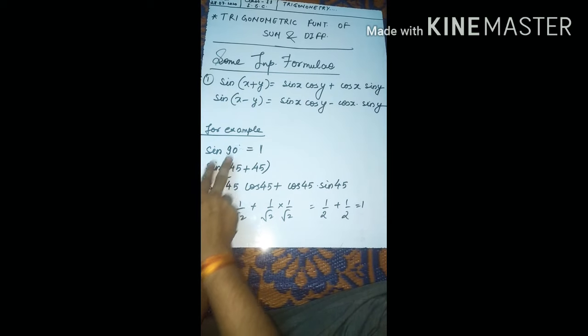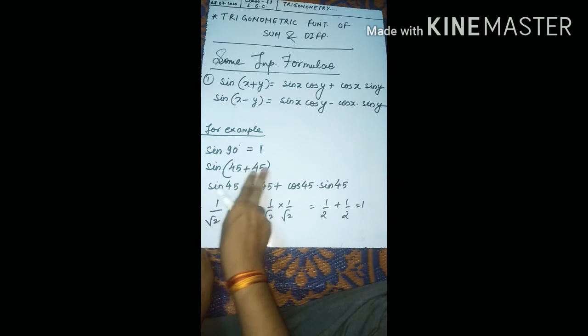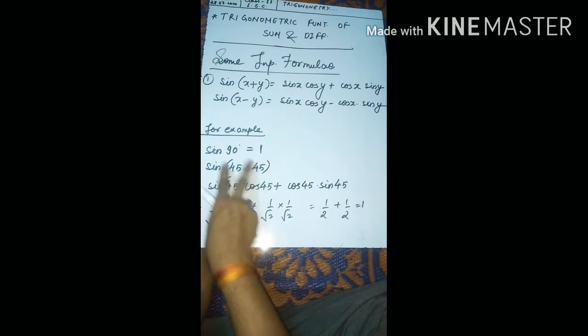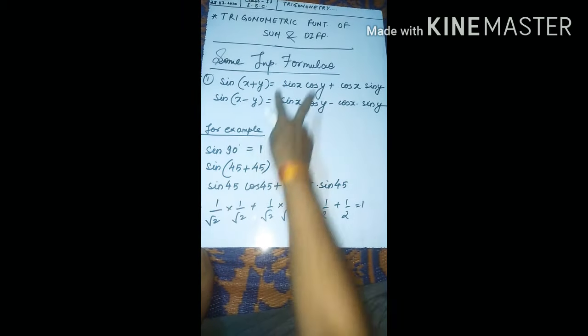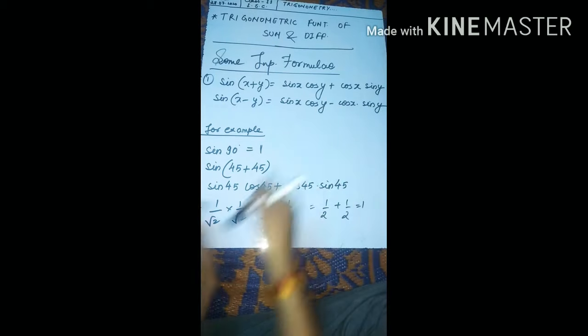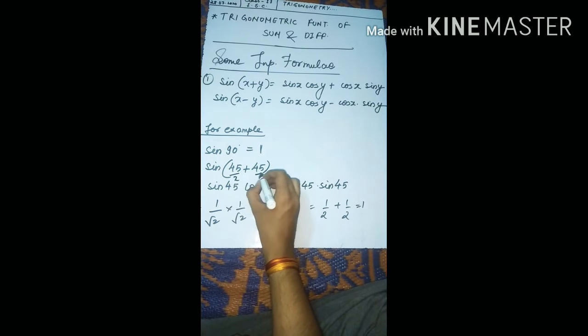Sine 90, can we write this sine 90 degree as sine(45 plus 45), because 45 plus 45 is 90 degrees. And as we can see, we can use this formula, that is sin x cos y plus cos x sin y. Here this is our x and this is our y.